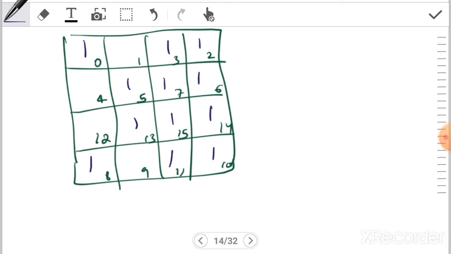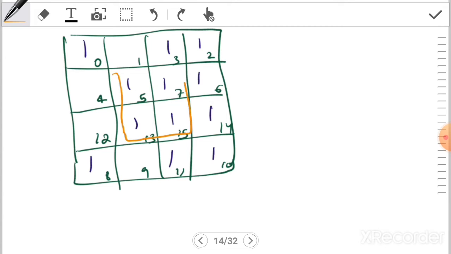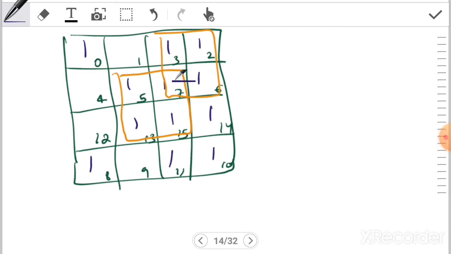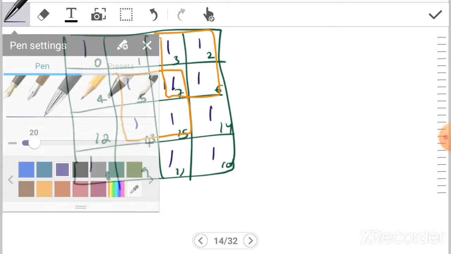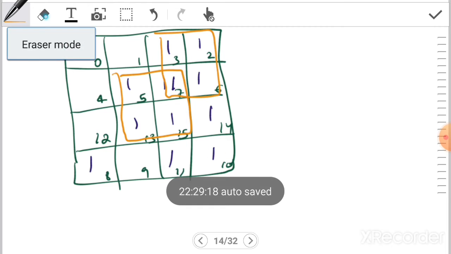Okay, now let's form the groups. So we have one group here formed by these 4 cells. Again, these 4 cells can be grouped together. And okay, we have 8, we can group 8 cells here.